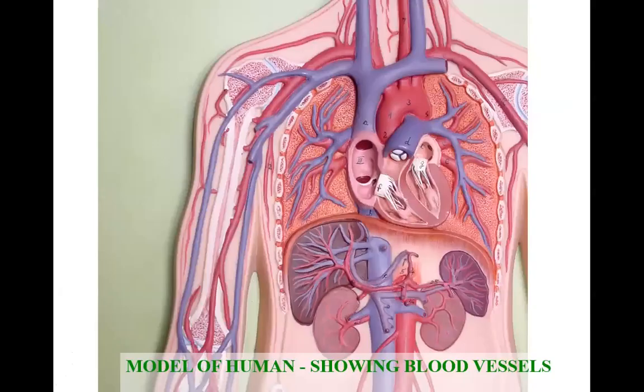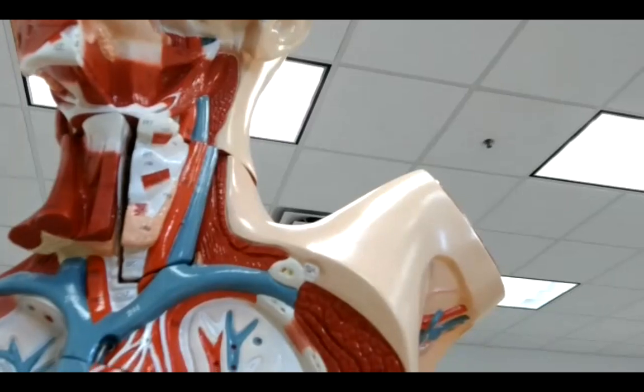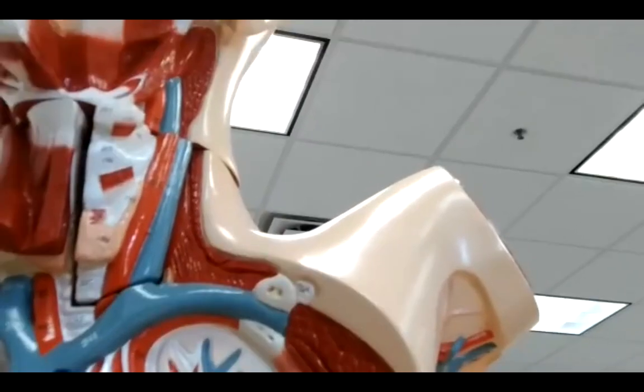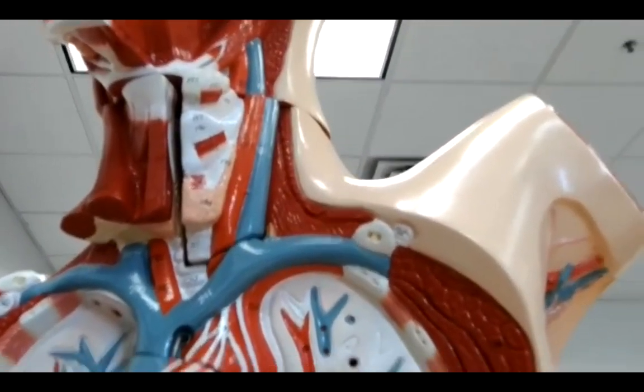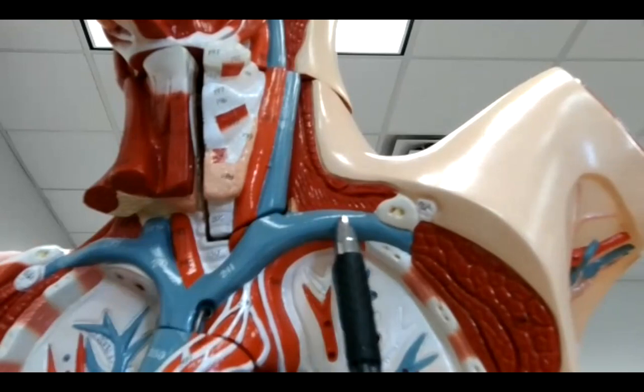Okay, now, the torso model is pretty good in some of this. Let me point some of these things out again to you, so I can zoom in a little bit. Okay, so we have, this is the subclavian here.